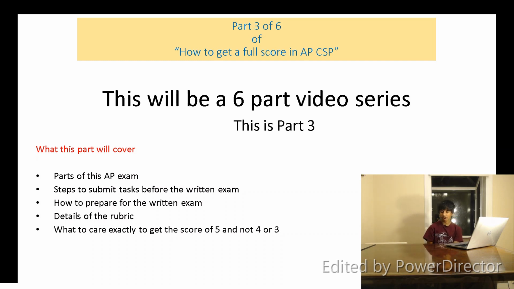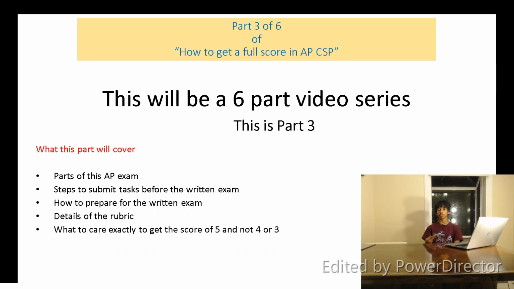Now, I showed you the rubric for the Create and Explore tasks, and I talked about how it was important to get a full score on them, so that you could still score not perfectly on the multiple choice exam and have a good chance of getting a 5.